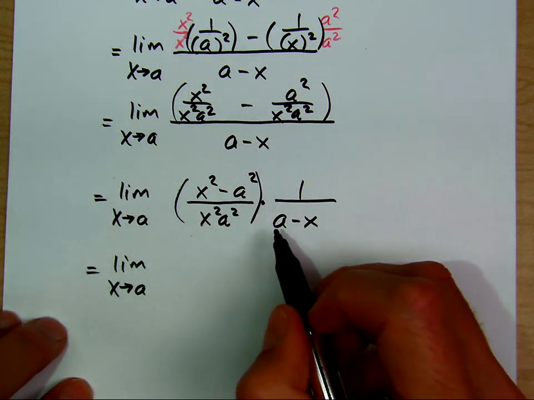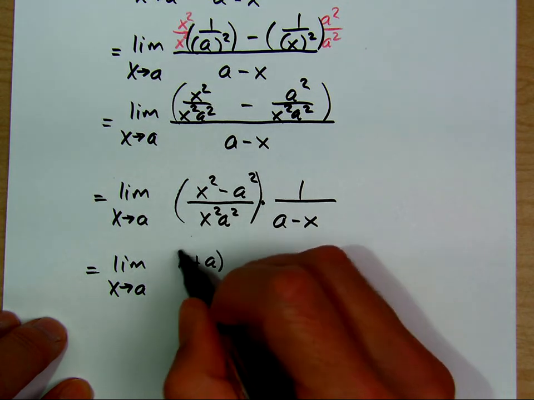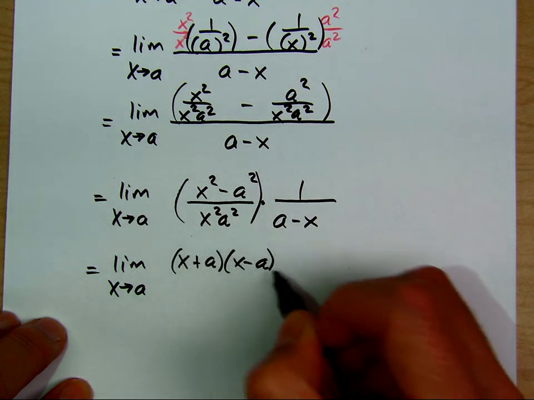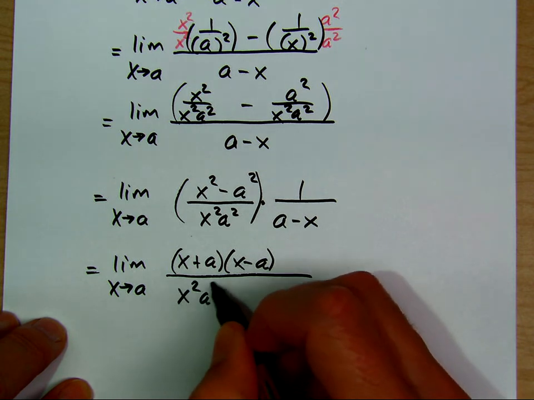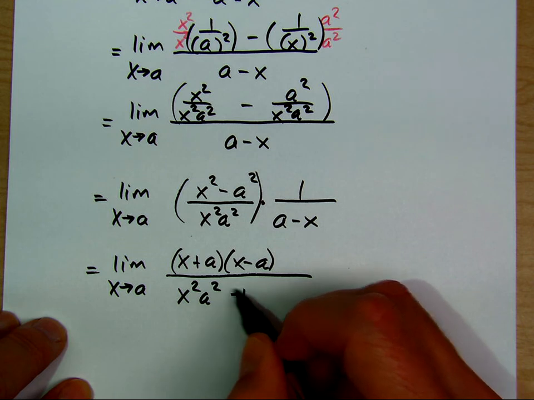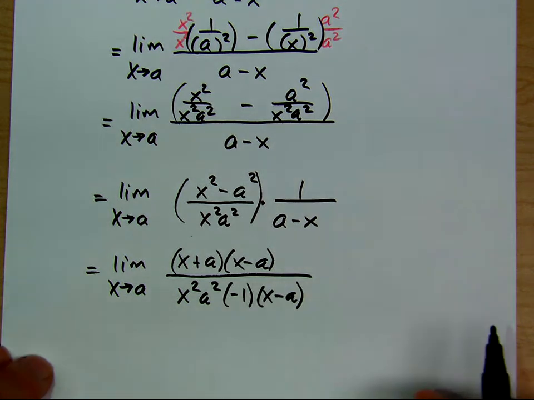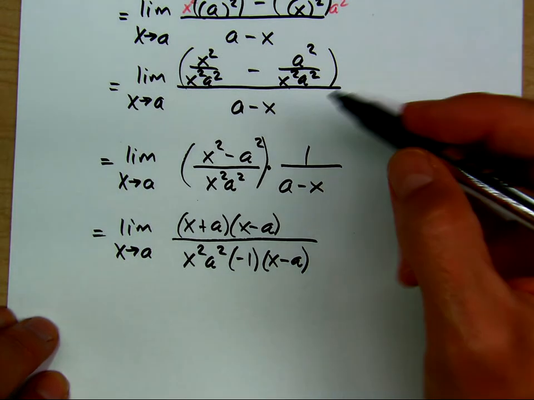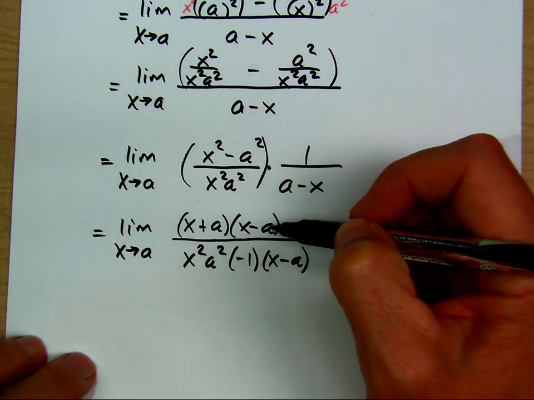And we can factor this. And we can factor out a -1 here. So we have x minus a and then a minus x.